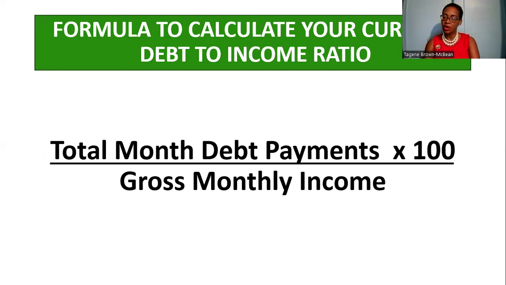A debt to income ratio is a calculation that the banks use to see how well you are managing your debt. And they also use it as a measurement to see if you can actually take more debt, if you can take more loans, if you can take a mortgage, or so on. But for today's presentation, I'm only going to be focusing on getting a mortgage. Okay? All right. Good.